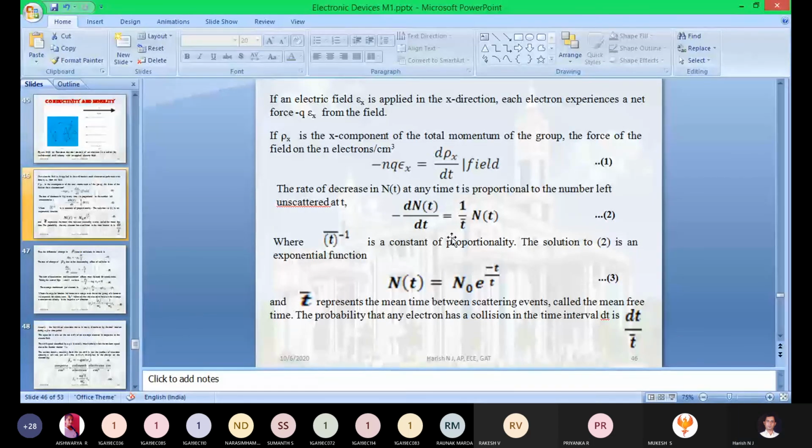Just check whether I am using the same notation in equation number 2 as in equation number 1. No, I am not using it. Notation-wise there is a change, but if you analyze concept-wise, there is a link.